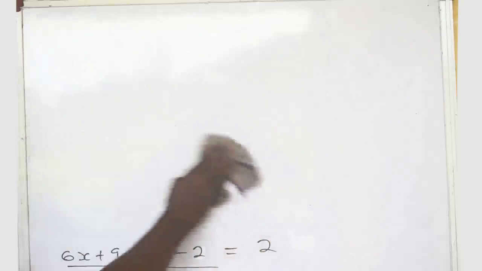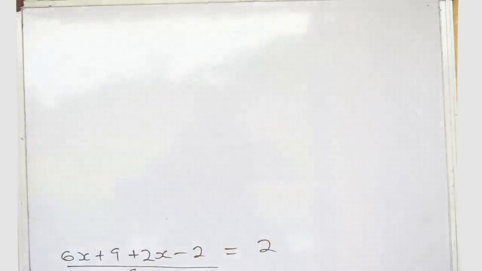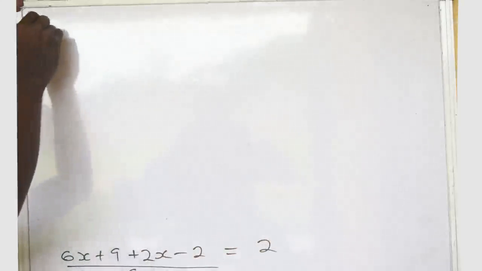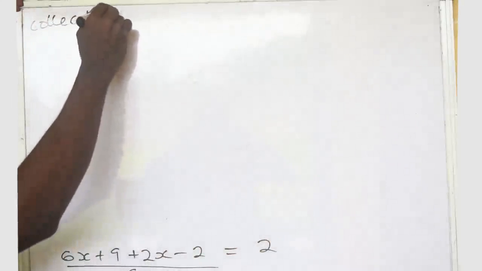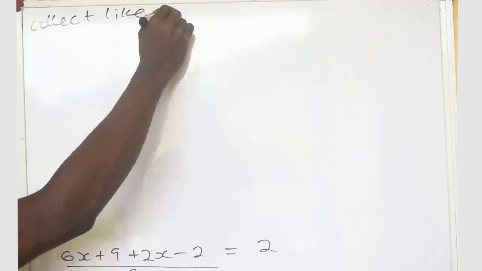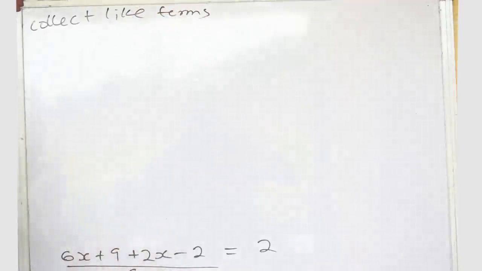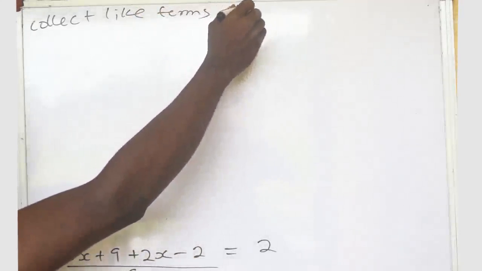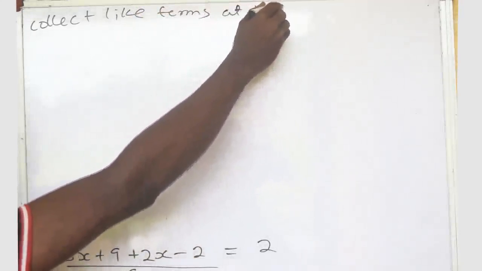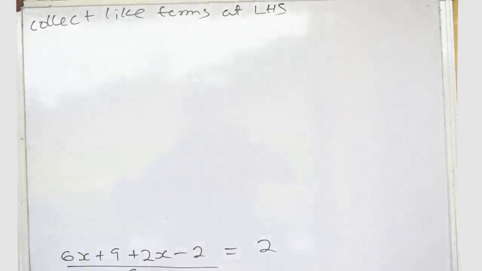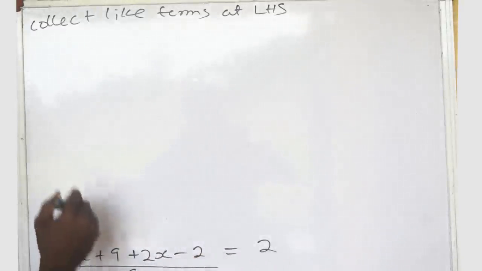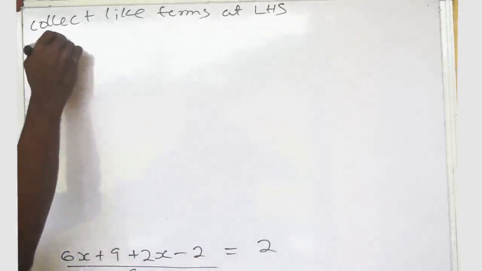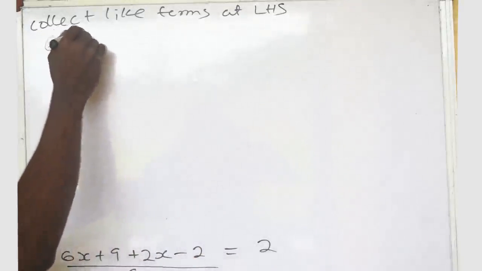So in this regard, you say collect items. We are collecting items at the left hand side. That's the numerator of the left hand side. We are not dealing with this for now. So it will be 6x. We look for another x, we see plus 2x.